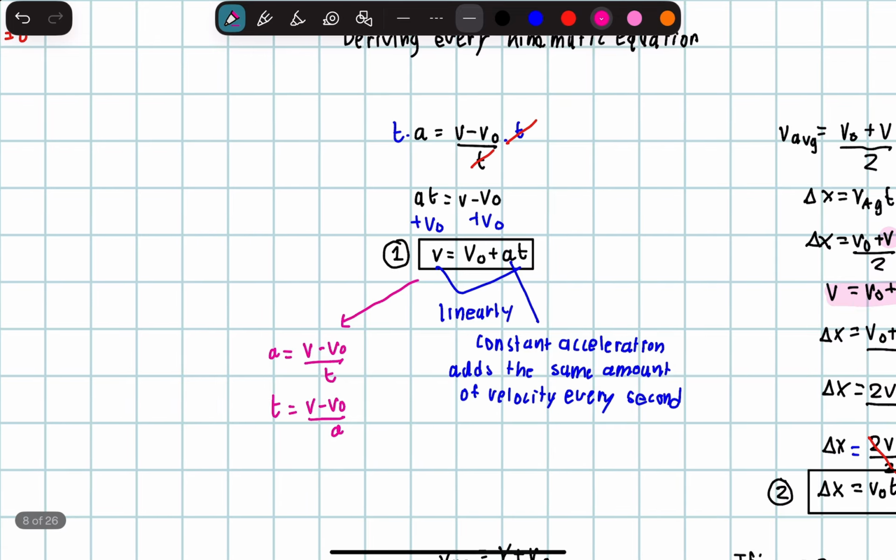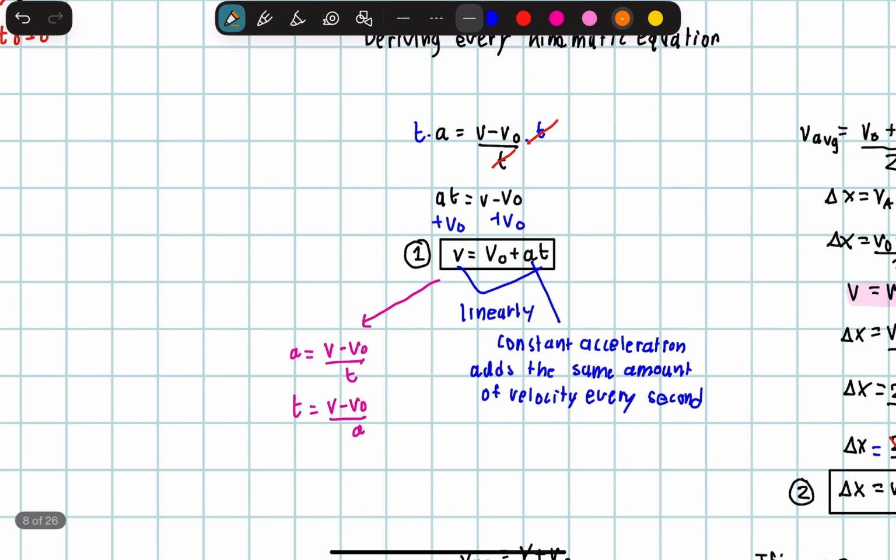In addition, you might see different symbols, like delta x, which equals x minus x initial, u, which is equal to v initial, and s, which is equal to displacement. It's up to personal preference, but College Board uses delta x, v initial, and displacement.